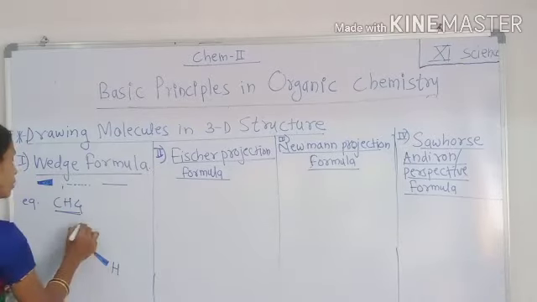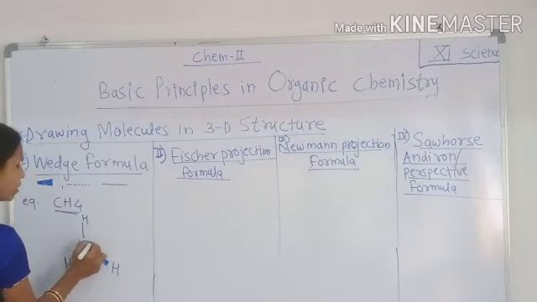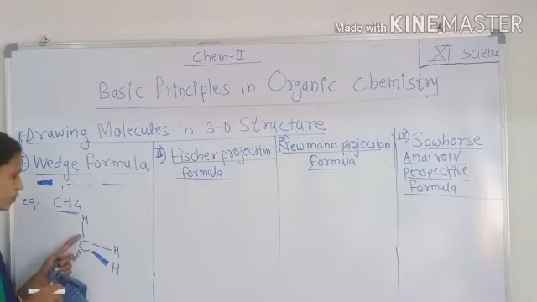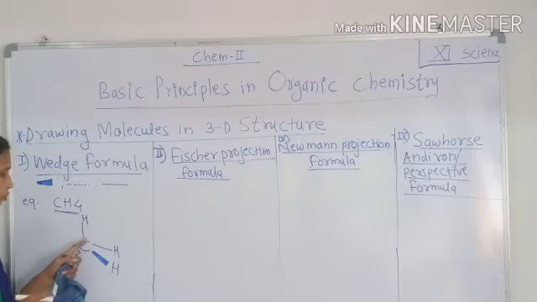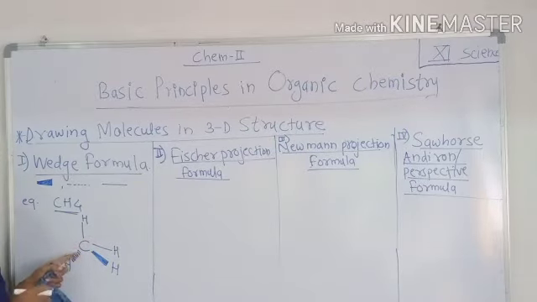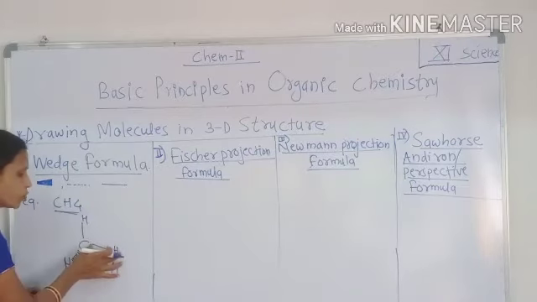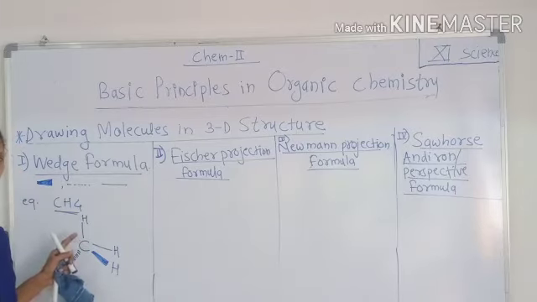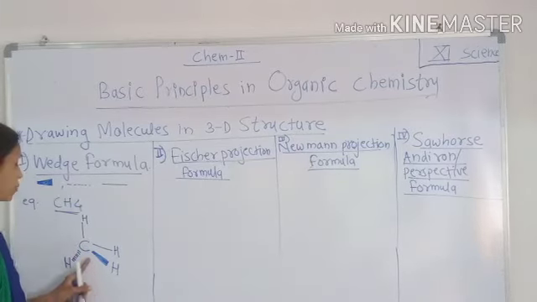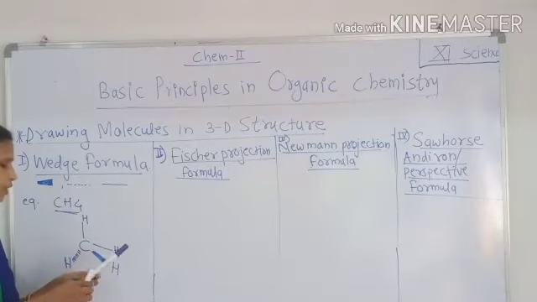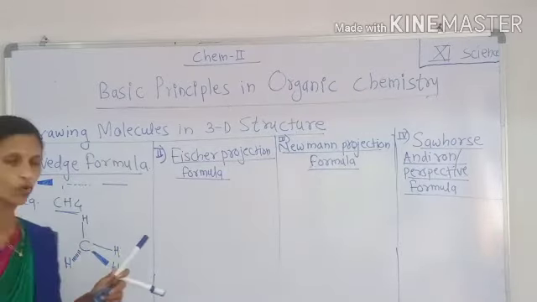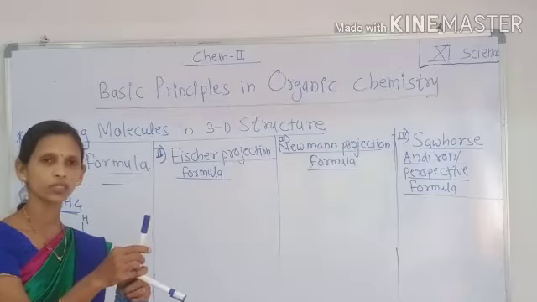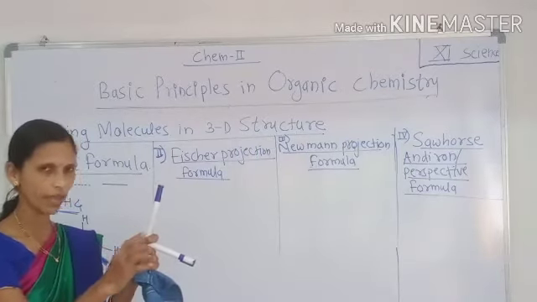Then see here 2 more CH bonds which are written using the normal line, the normal wedge, which indicates that these 2 CH bonds are present on the paper. That means to represent this 3D structure of methane, we can represent the geometry of methane like this. There are 4 CH bonds, out of which 2 CH bonds are shown by normal lines, which are on the paper.